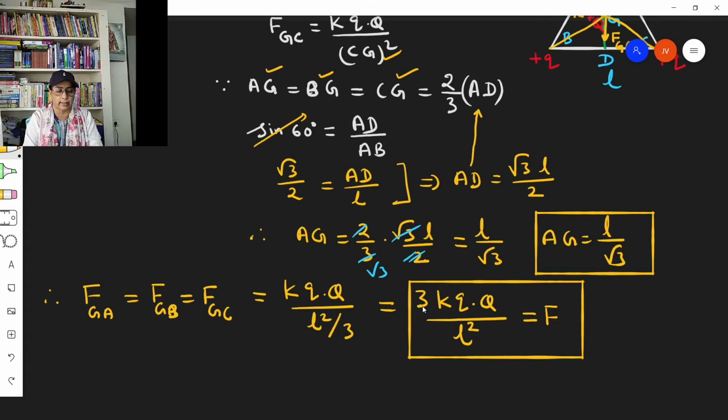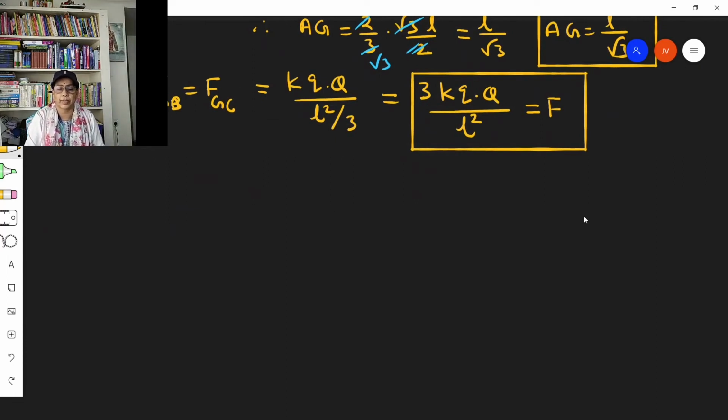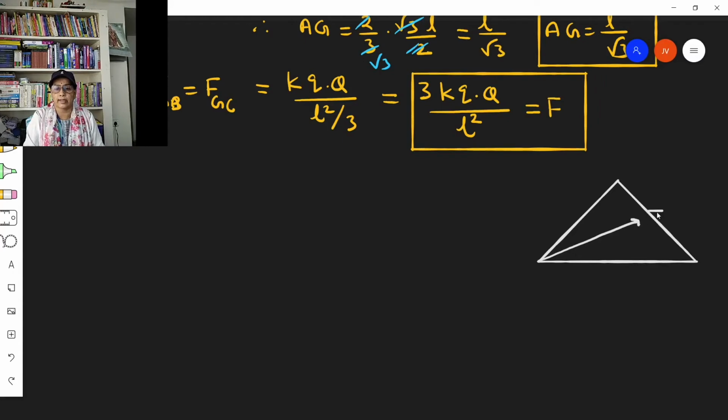Now we have to find a net force. Individual force is this. How to find the net force? Now, for this equilateral triangle, this is the force on G due to B. This is force on G due to C. Resultant of these two forces will be along this direction.